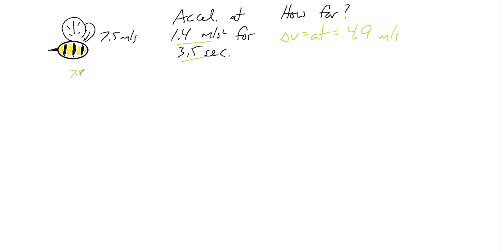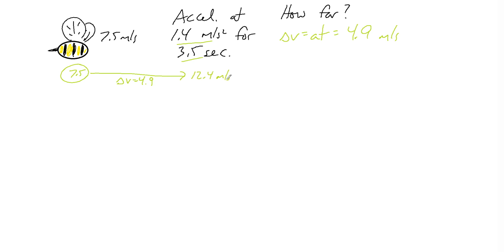So I'm going to lay things out again. Our B was going 7.5. And it speeds up, and the change in V was 4.9. So I just have to add that to my 7.5, and I can find out the B ended up at 12.4 meters per second.